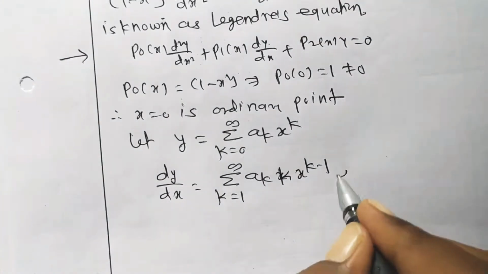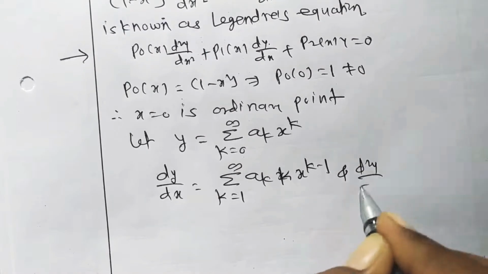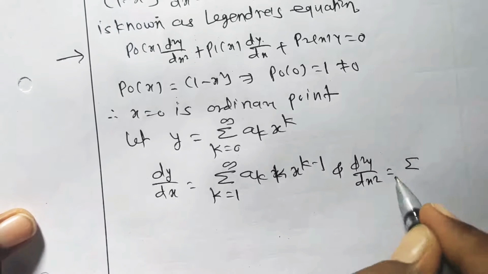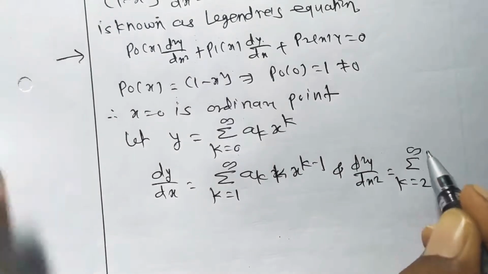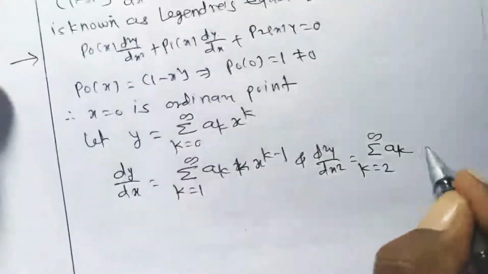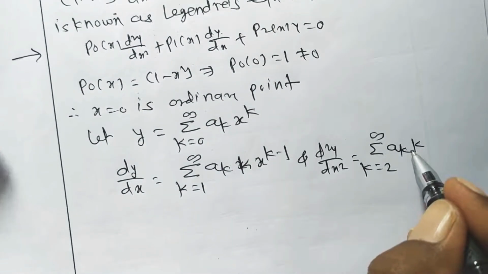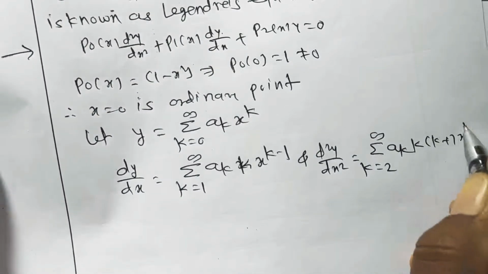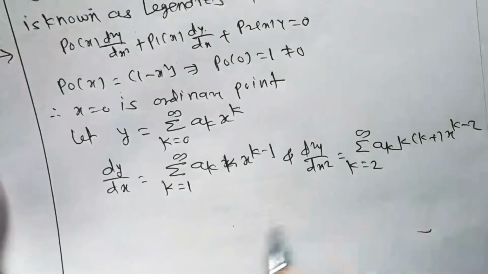In d2y by dx square the summation starts from k equal to 2: ak into k, and the derivative of x raised to k minus 1 is k minus 1 into x raised to k minus 2.